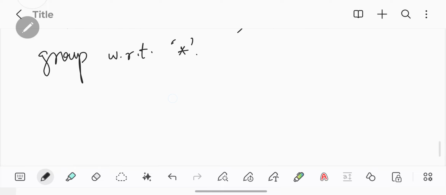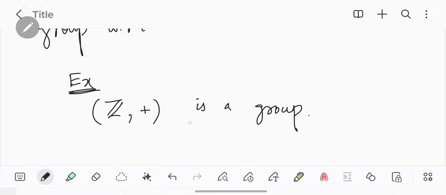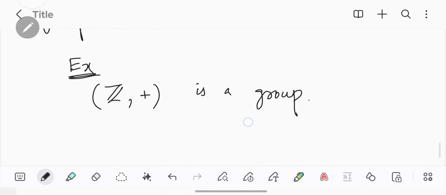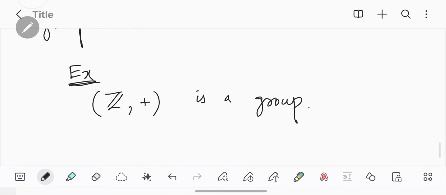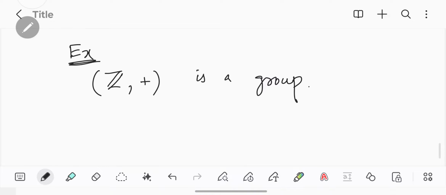Here are some examples of group. The set of integers with respect to addition is a group. You can check this set has all 4 properties which I have defined.